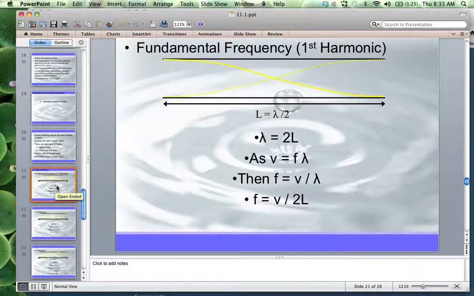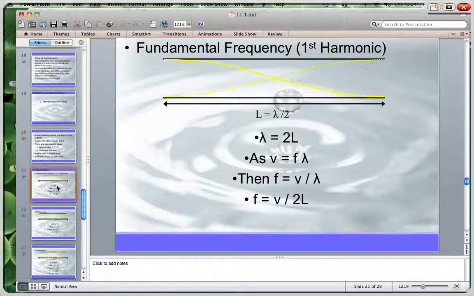this is where it is open at both ends. So you've got to have your antinode on both sides, and this is the simplest possible situation that you're going to have, where you have here your first harmonic. If this is L, you can see here, I hope you can see, that this is half a wavelength. Are you okay with this?